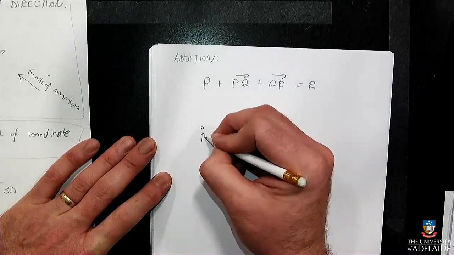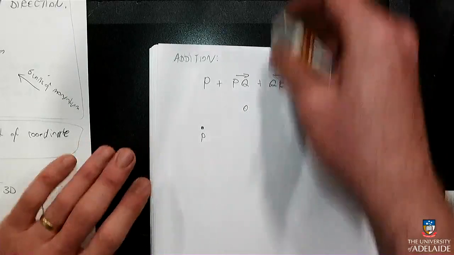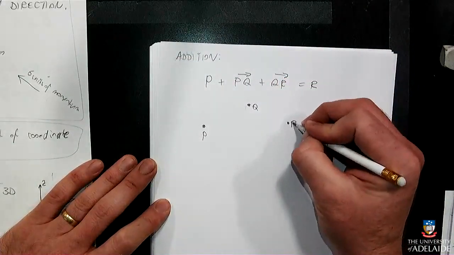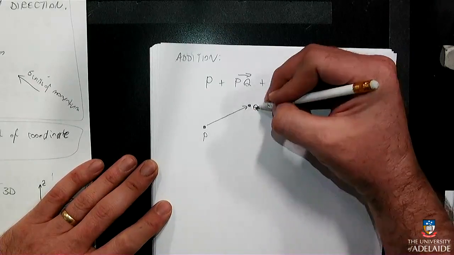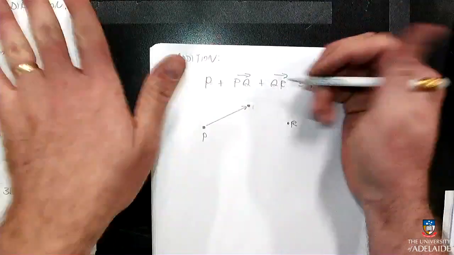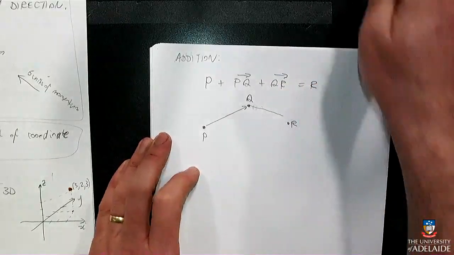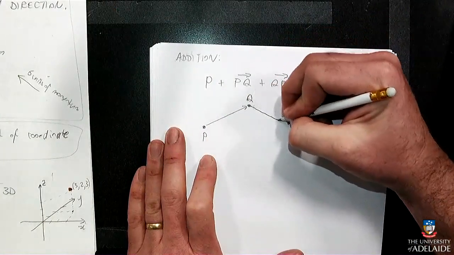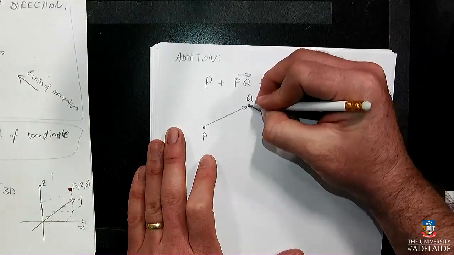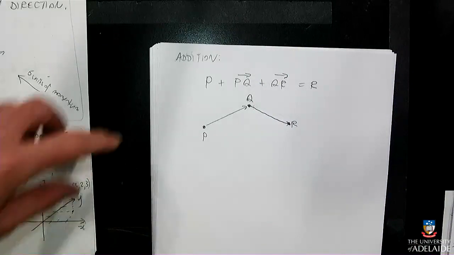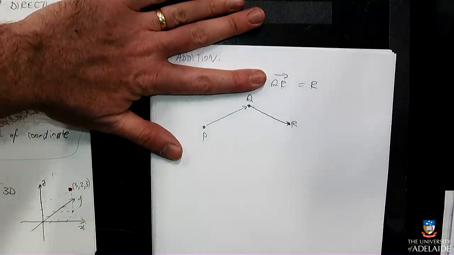So if this is P, and this is Q, and this is R, then that's PQ and that's QR. Okay, so P plus PQ is Q, and Q plus QR is R.